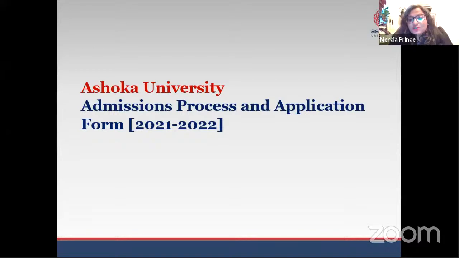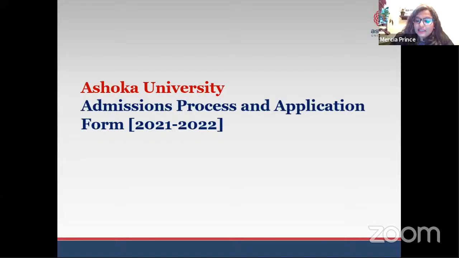A holistic admissions process ensures that we get to know you and all our applicants in a very thorough and detailed manner within your unique context: where you come from, what your interests are, what you want to pursue, what you see yourself doing in the future. Then we evaluate through our process to see if you would do well and succeed at Ashoka, and if Ashoka would be suitable for you as a student for your undergraduate program.